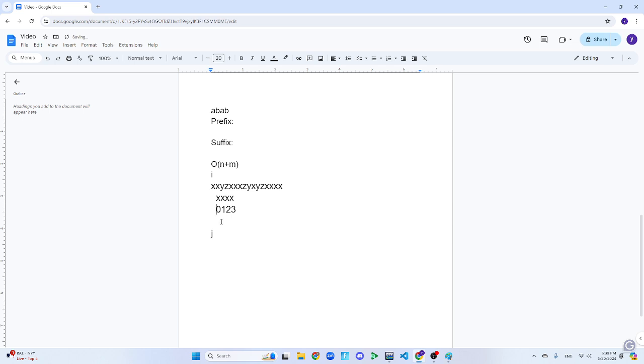When it's different and J is not equal to 0, J will become the one in front of the original letter, which is this X. So now it will be equal to this one right here, the second letter, since we're talking about computer science.